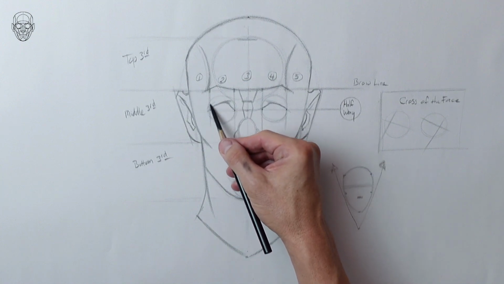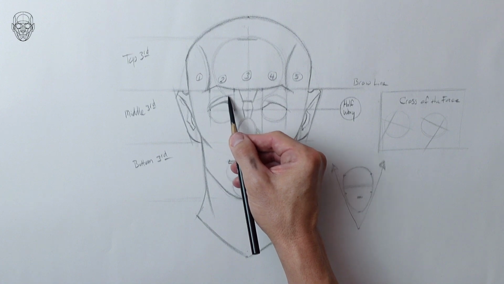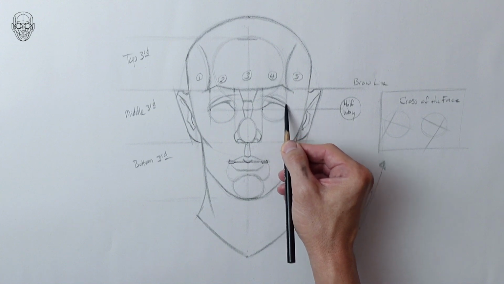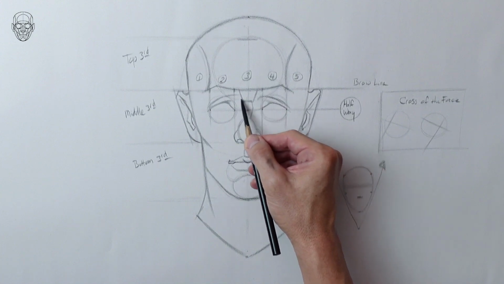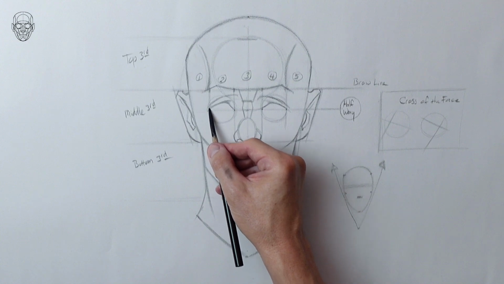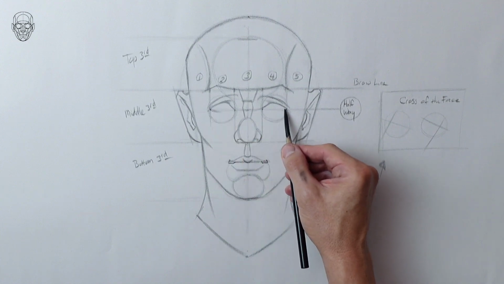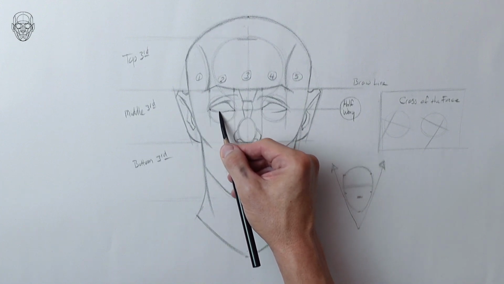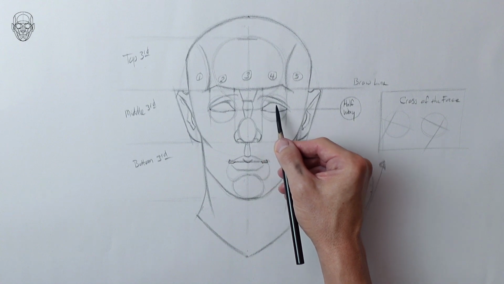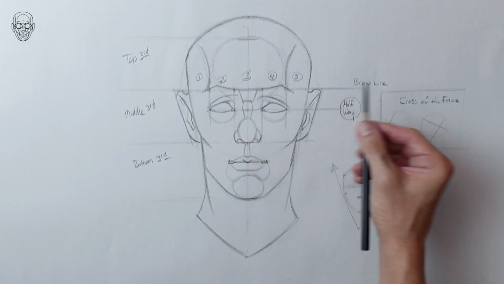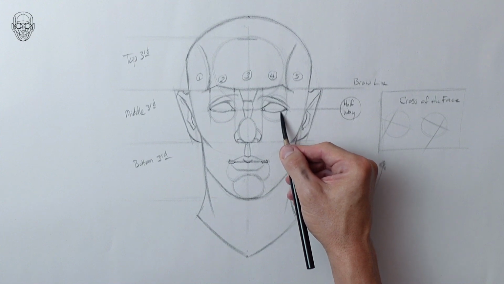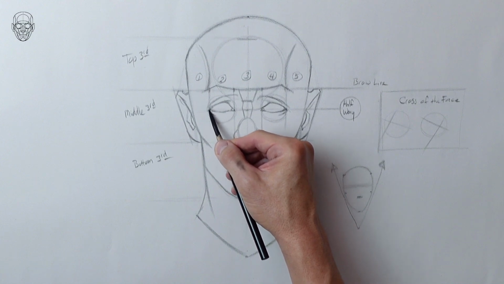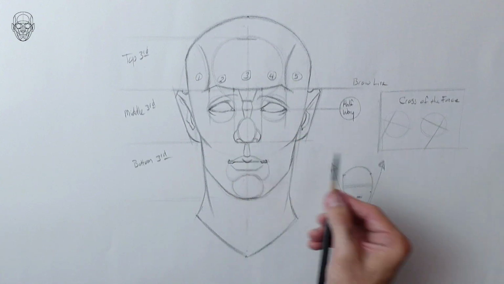And then the upper eyelid, like that, come over. And then the bottom portion of the eyelid, side to side. Very simple.